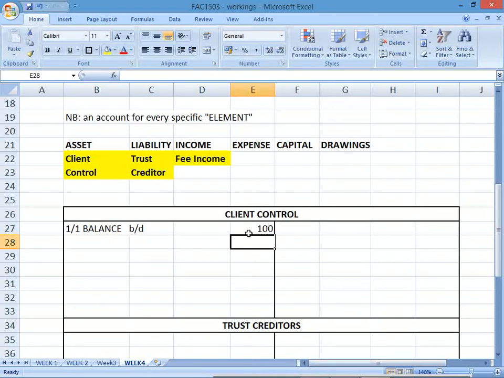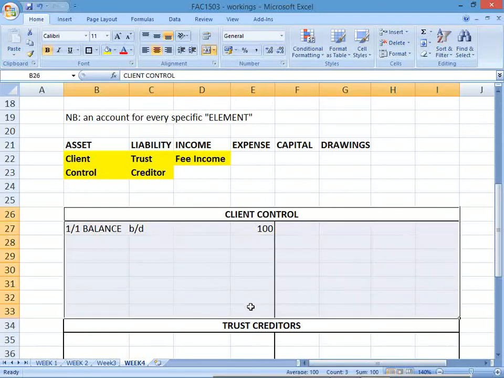In the client control account, am I going to earn money from the client? Hopefully. So let's say we're going to charge the client a fee, but not receive the payment. If we charge the client a fee, are we earning income? Yes.